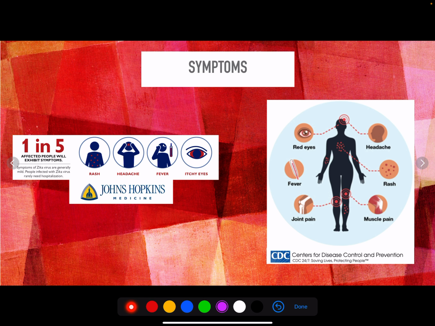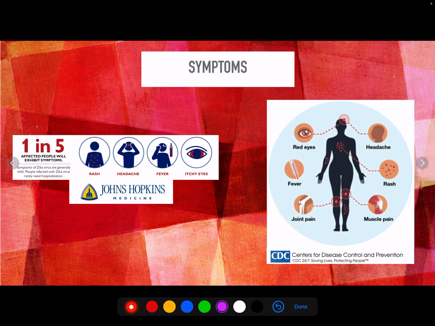So the symptoms for Zika virus aren't always common. They're generally very mild, and very rarely do people infected with Zika virus need to go to a hospital.